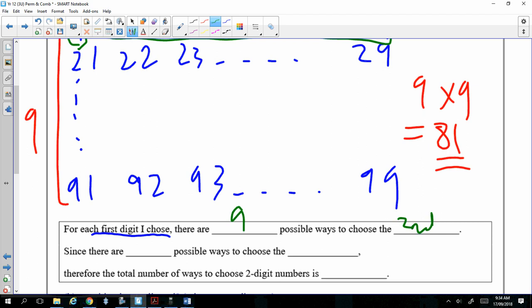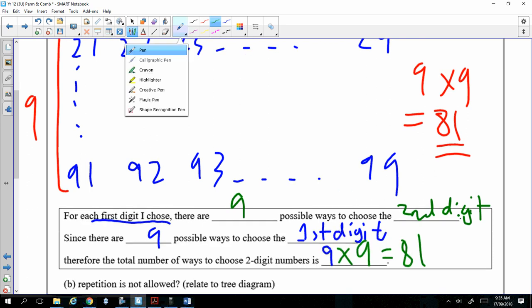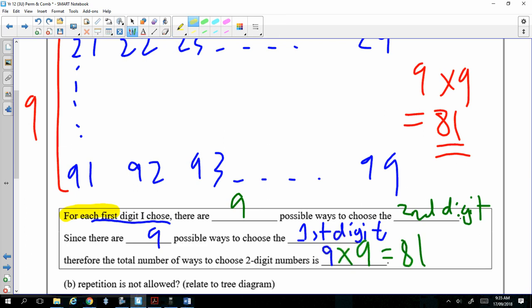Since there are 9 ways to choose the first digit, the total number of ways will be 9 times 9, which is 81. So think about this sentence very carefully. This is the way we think about this topic: think about the choices for each part rather than use a formula. Be very careful when you use a formula because it may not be correct.